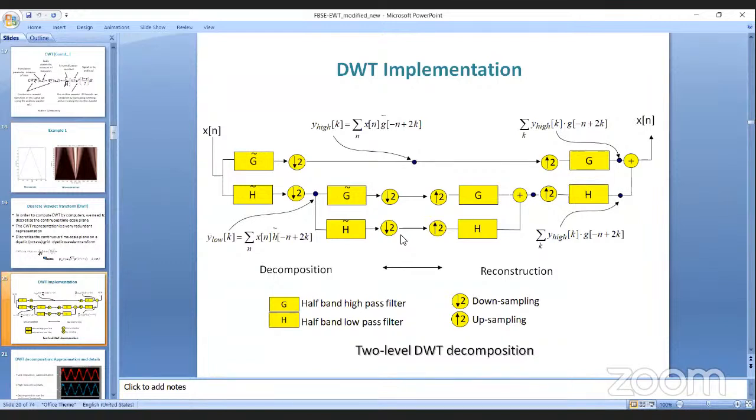In most real life signals, the low frequency components are dominant. They are the significant part of the signal. So what we do, we always prefer to decompose the low frequency part, or approximation, of the signal rather than the details.